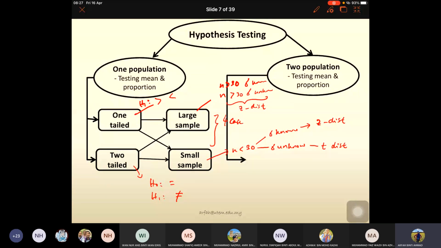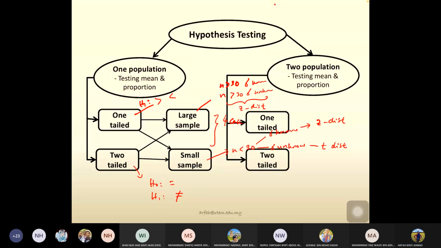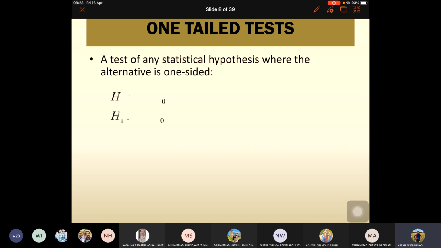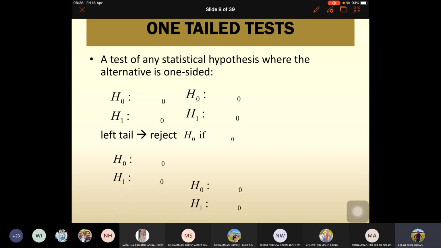So from here, kita ada jenis-jenis tail. One tail, iaitu yang melibatkan tanda mu lebih besar dan juga mu lebih kecil. Okay.